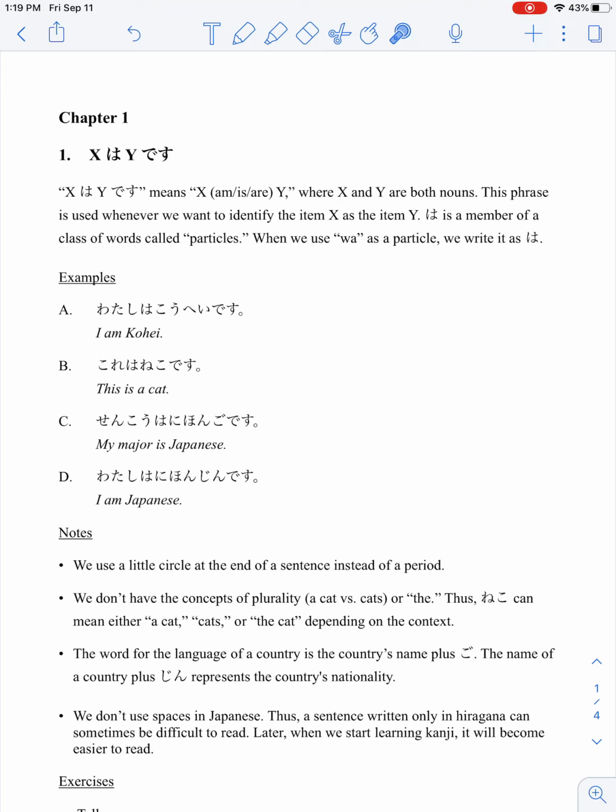Let's look at some examples. A. I am Kohei. 私は公平です。B. This is a cat. これは猫です。C.